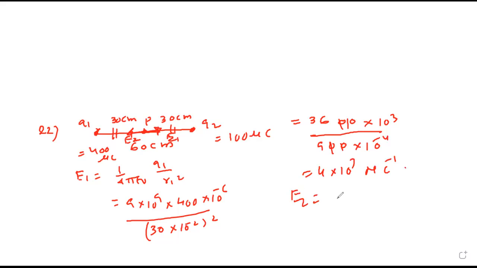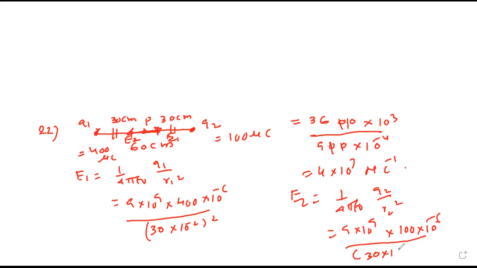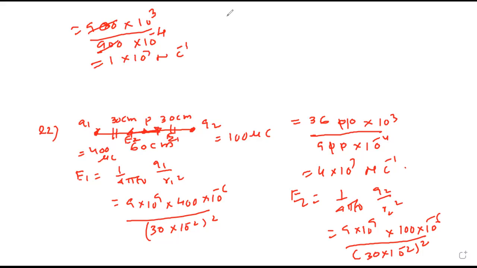And E2 will be 1 upon 4 pi epsilon naught Q2 upon R2 square. 9 into 10 raised to 9 into 100 into 10 raised to minus 6 upon R2, again 30 into 10 raised to minus 2 square. So 900 into 10 raised to 3 upon 900 into 10 raised to minus 4. That means it is 1 into 10 raised to 7 Newton per coulomb.